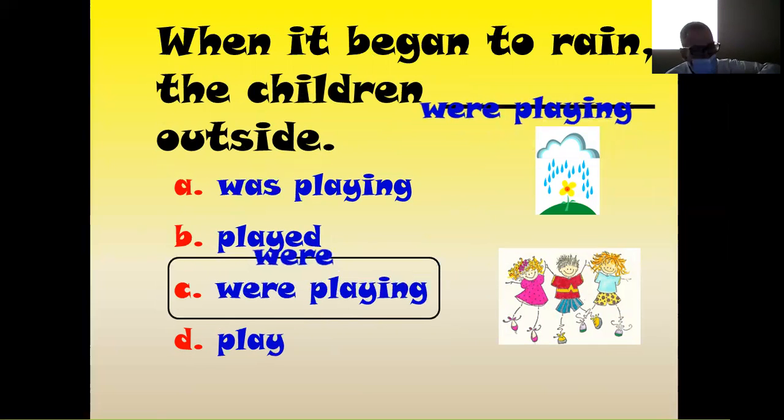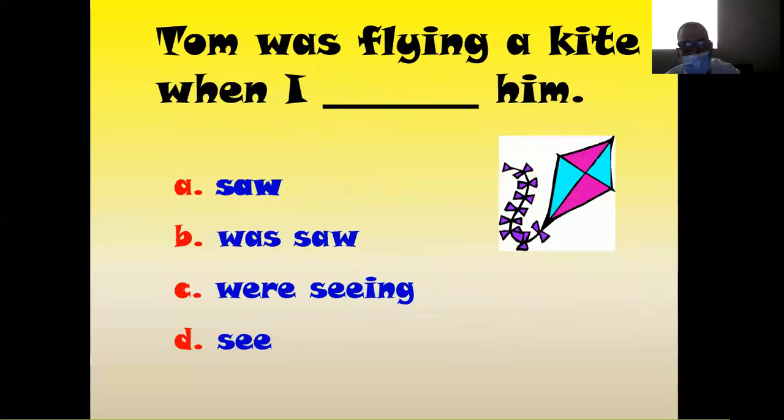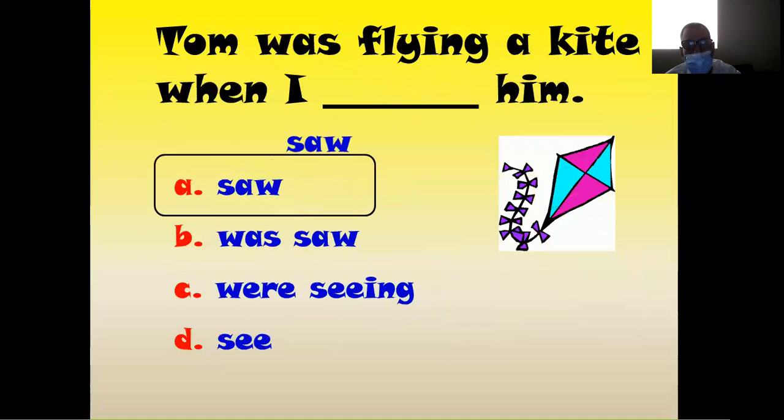The children were playing. Suddenly, it began to rain. They were flying a kite. When I saw him after the wind passed, Tom was flying his kite. He was playing and flying his kite, of course. And then I saw him. Suddenly, I saw him. He was playing.